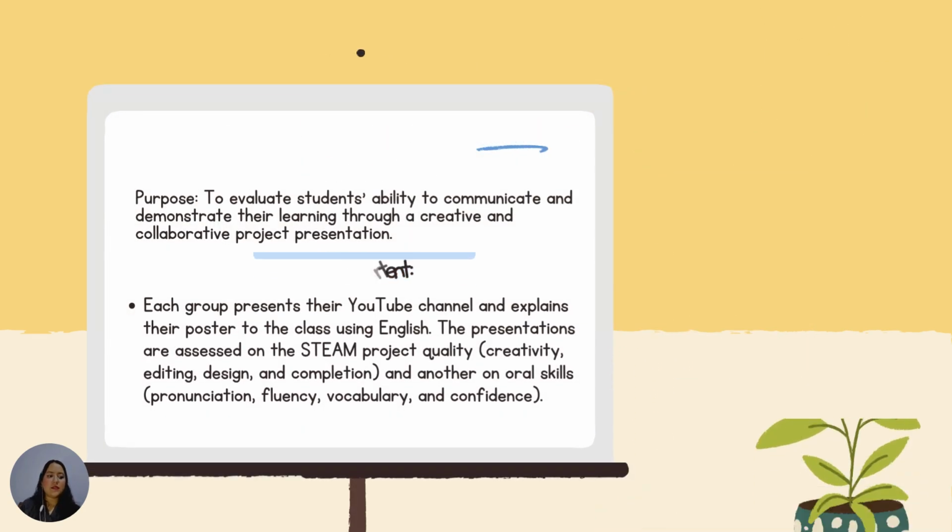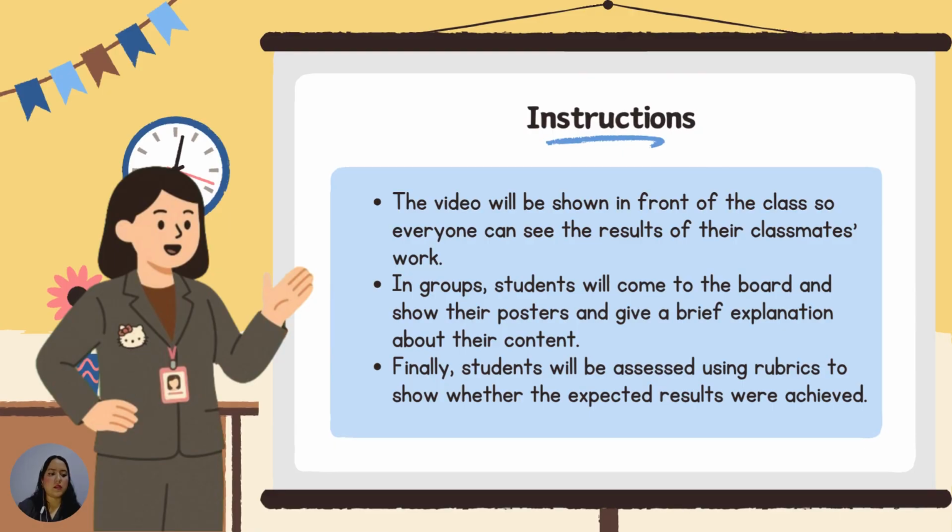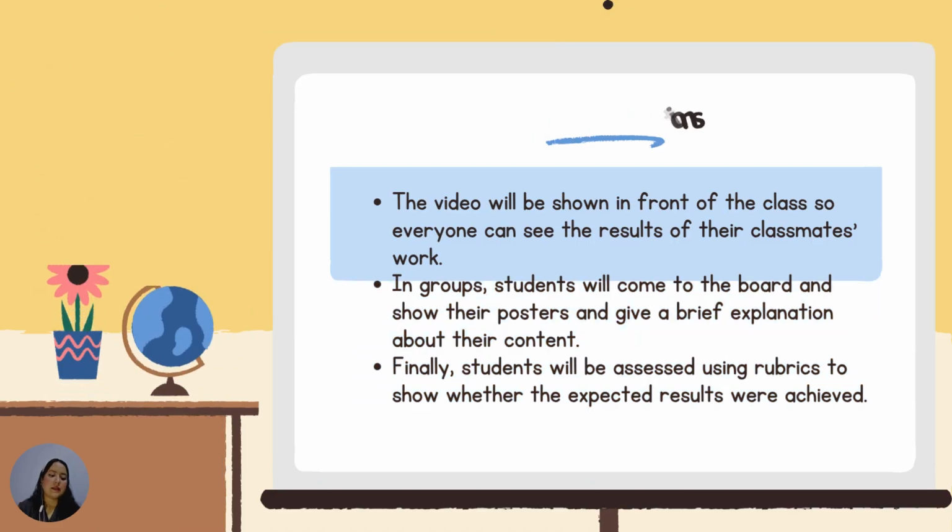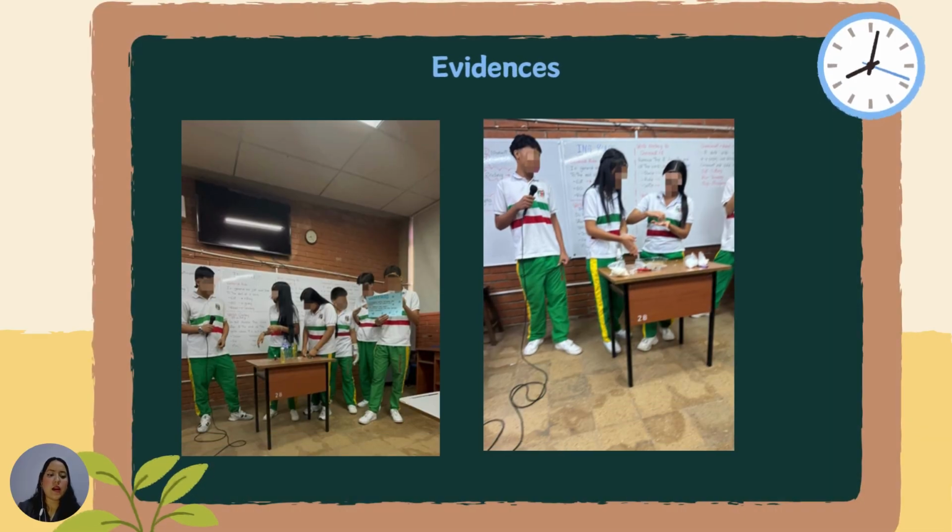All of that we can see here in the instructions. You can pause to take it into account. Then we have some evidence about our real class. In this part, they pass to the front, they speak, and some of them try to recreate their project to show it live.